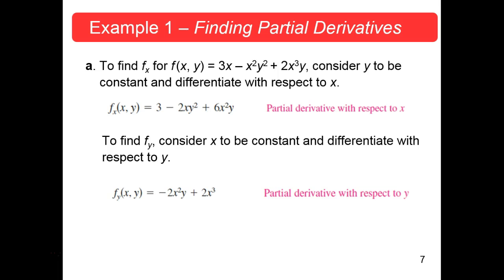Now, time out here. There's nothing wrong with leaving it just like this, but sometimes they'll get a wild hair and decide to group terms. So you could have factored out the minus 2x squared from both terms and had minus 2x squared times y, and if you factor out the minus with that, then this becomes a minus x.